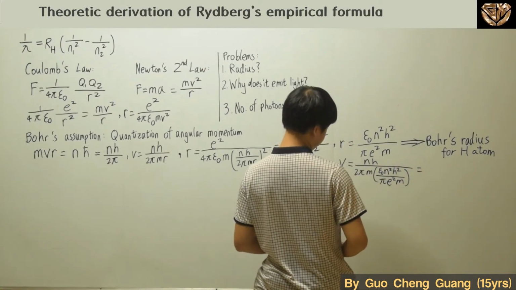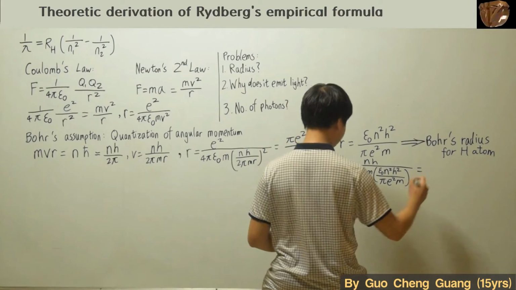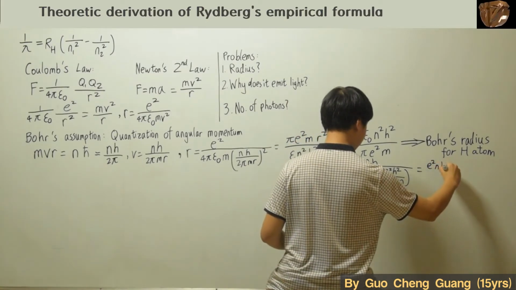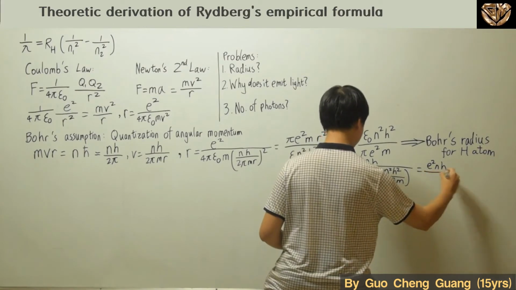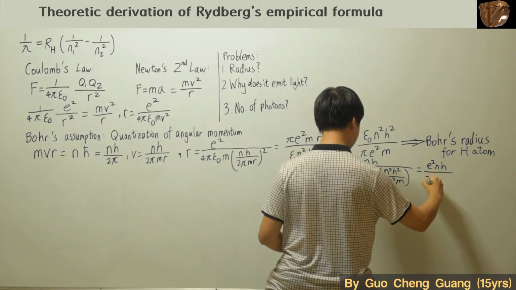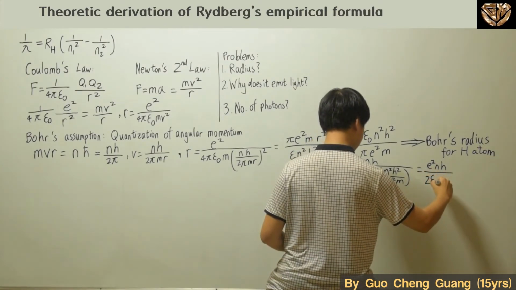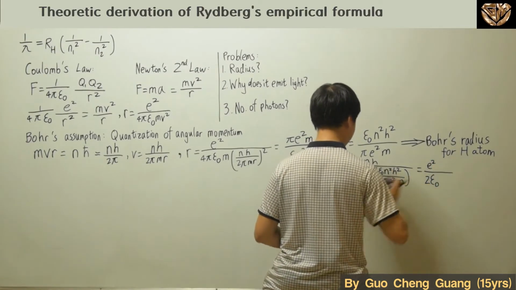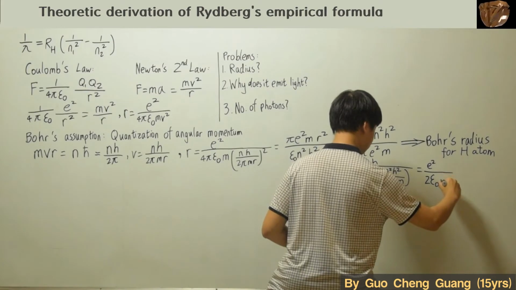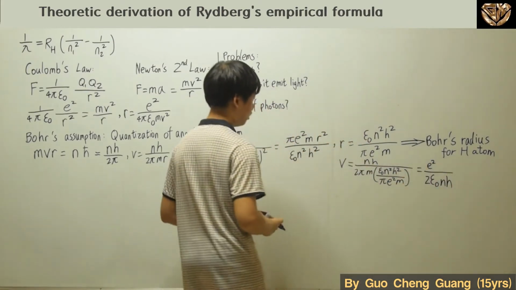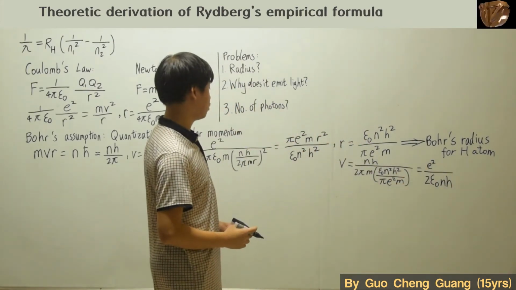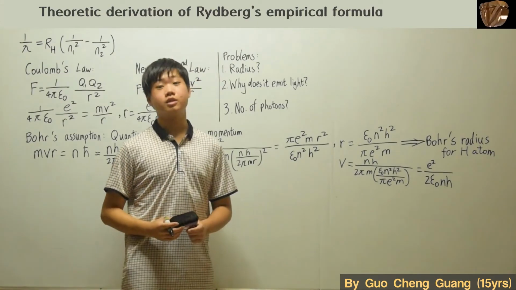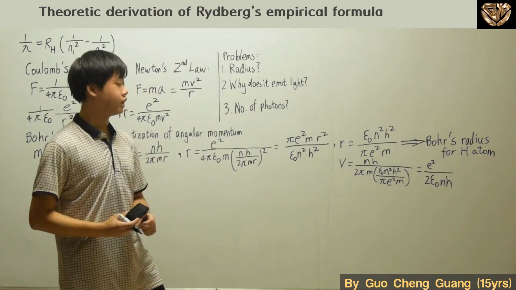You can simplify this part once again. So nh is cancelled out with the part below. Does this seem right for what you're going to have? Alright, yep, it does seem right. So this is the v that you're going to get.